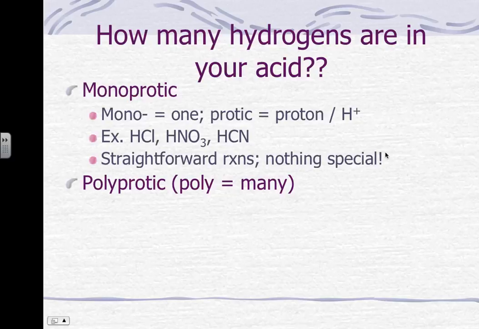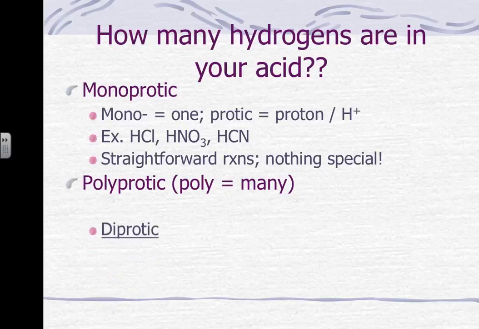What I mean by that is that if you're going to be asked to write a reaction of, say, hydrochloric acid and sodium hydroxide, it's going to be completely normal, totally straightforward, absolutely nothing different. You may then be able to see the foreshadowing here that if you move into polyprotic acids, we are in fact going to see a little bit of special stuff going on.